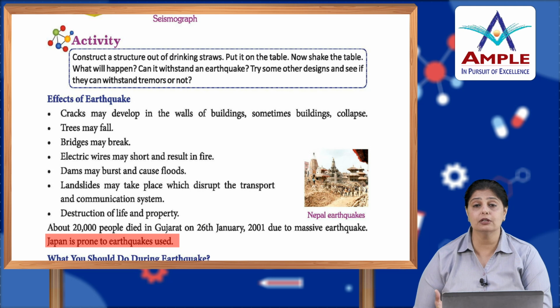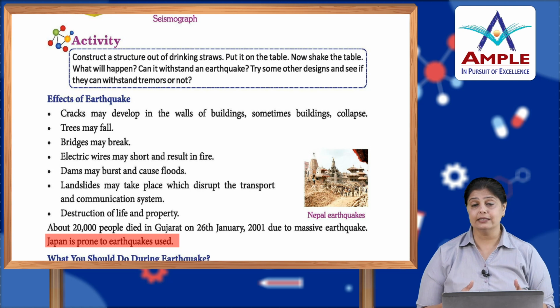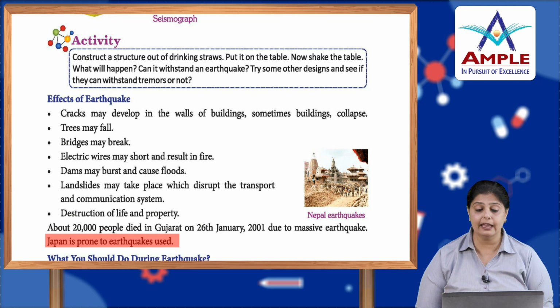The damage is not only buildings falling, but trees may fall, bridges may break, electric wires may short circuit, and fire can break out. Dams can burst and cause floods. The hills and mountains can get cracked up, and landslides can happen.